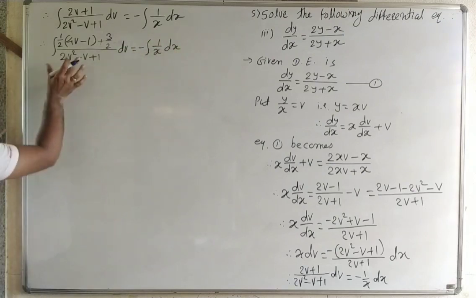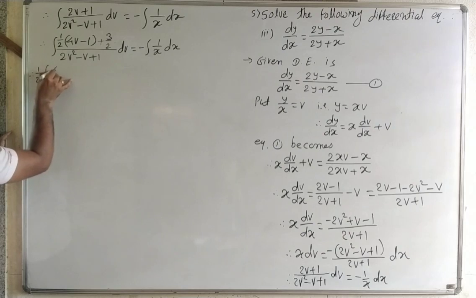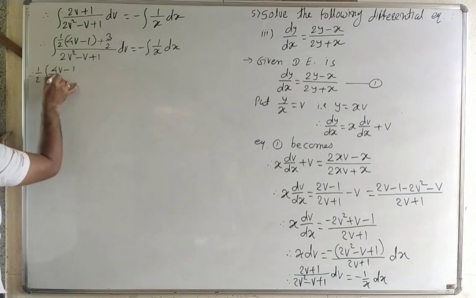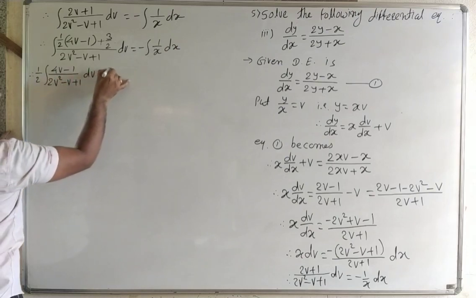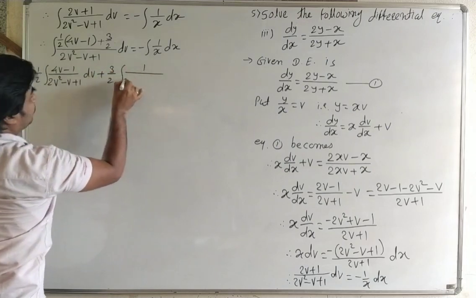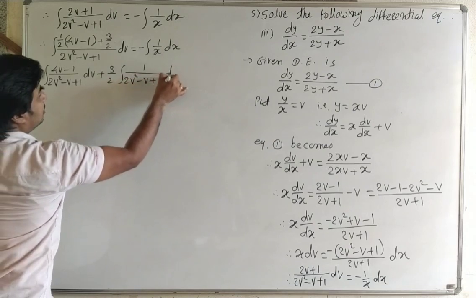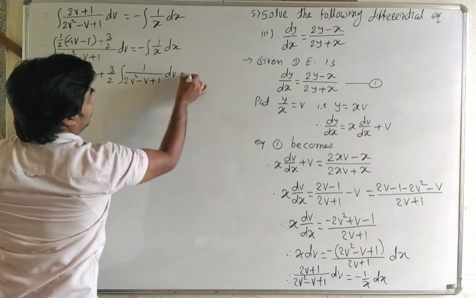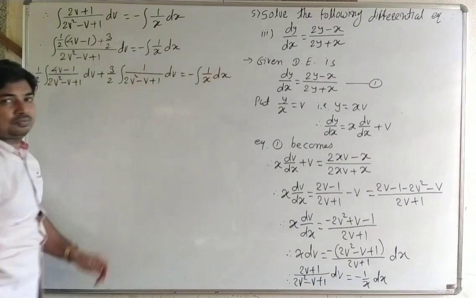See carefully. Now separate. Here it is 1/2 into the integral of (4v − 1)/(2v² − v + 1) dv plus 3/2 into the integral of 1/(2v² − v + 1) dv is equal to minus the integral of 1/x dx.